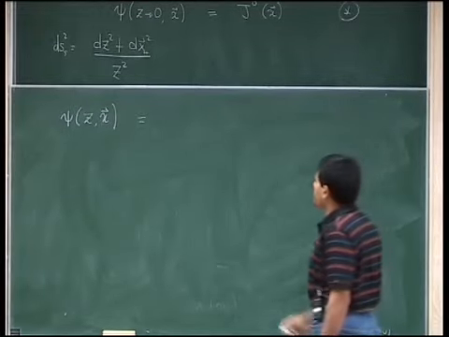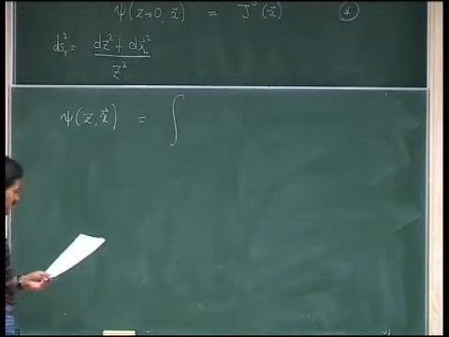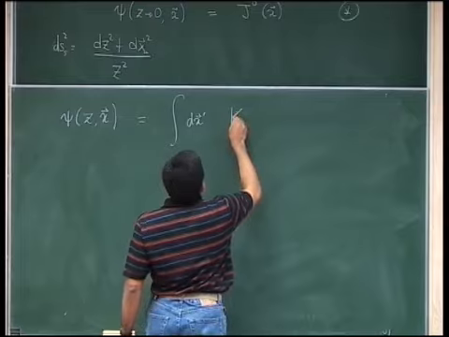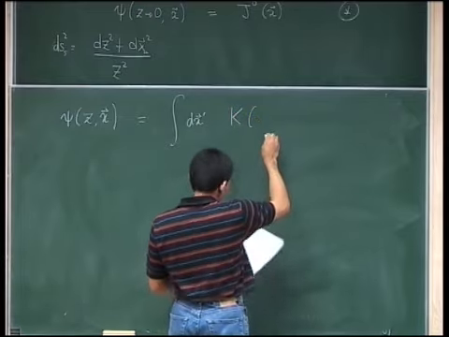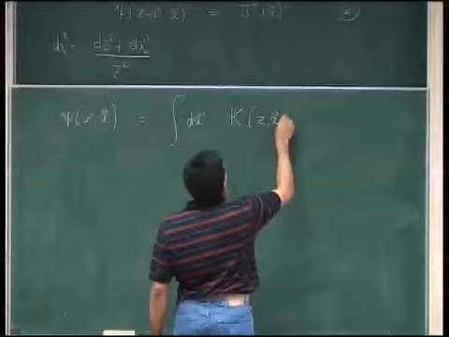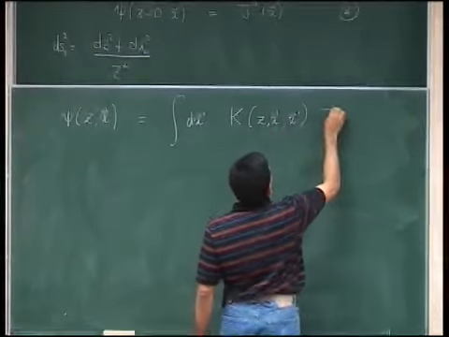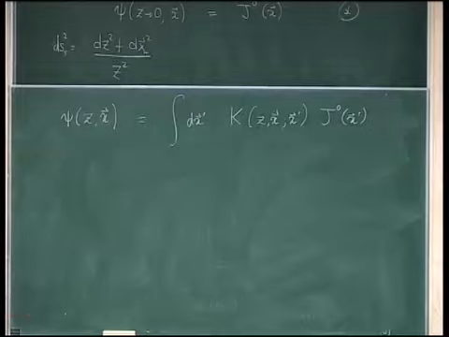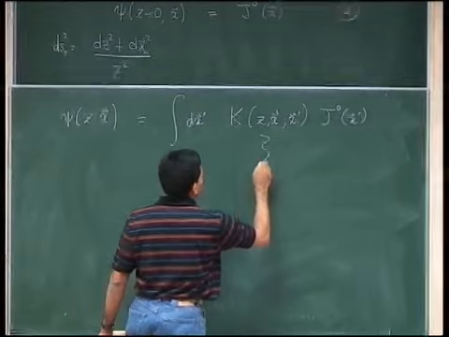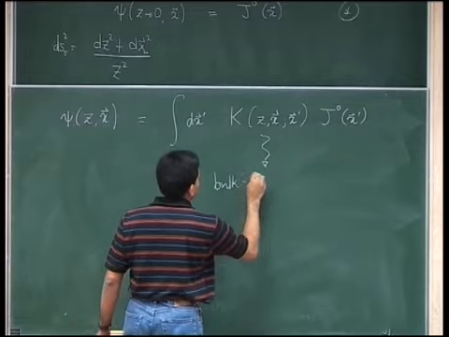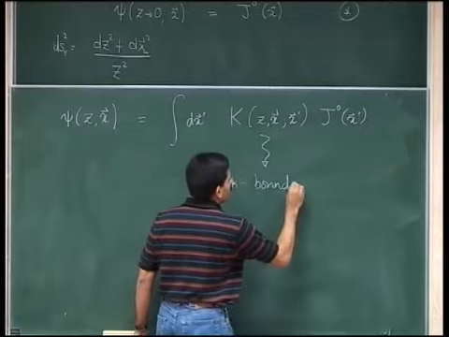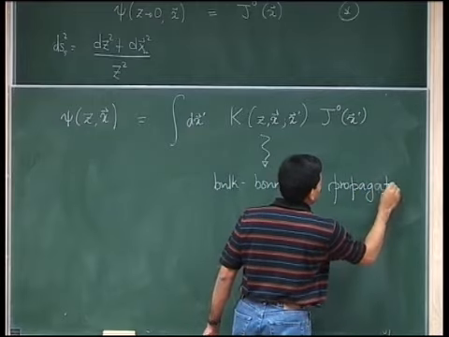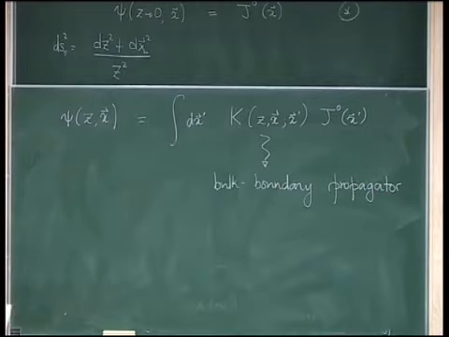And this you can always formally write down by writing down an integral expression with a kernel, where this quantity is referred to as the bulk to boundary propagator.